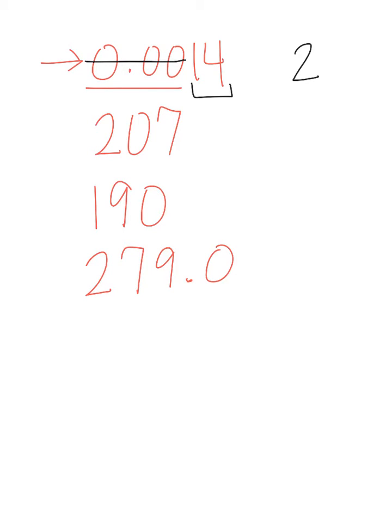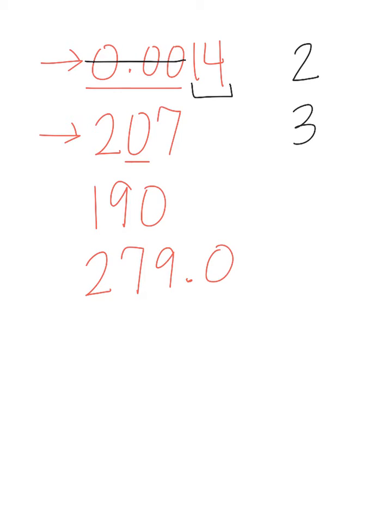Now let's take a look at this number, 207. You will notice that the 0 in this case is in the middle. When the 0 is sandwiched in like that, we call that a captured 0. And the rule is captured zeros count. So that one has 3 sig figs.